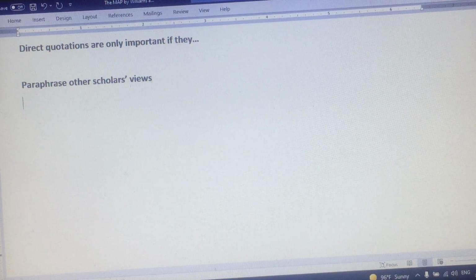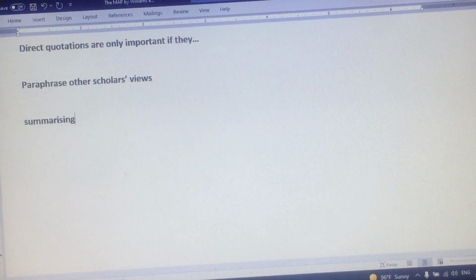In paraphrasing, you rewrite what they said in your own words, but you refer to the pages where they said such an idea or concept. So paraphrasing can be another way of referring to a source or a scholar or what they are saying. So either direct quotations or paraphrasing, or even summarizing.